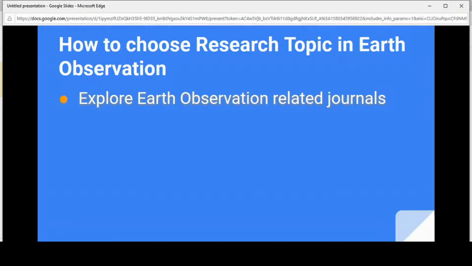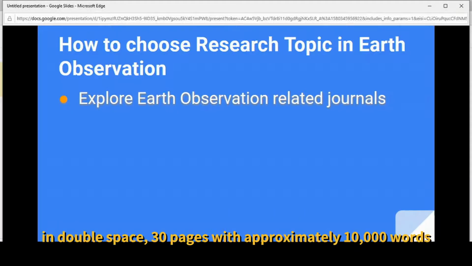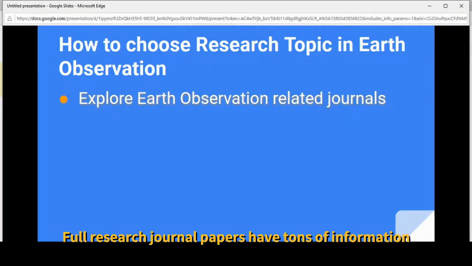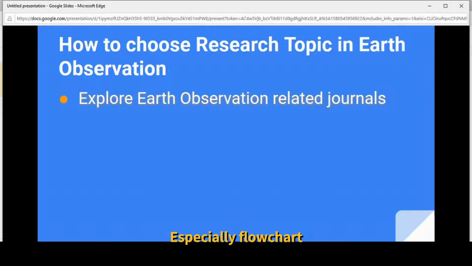So maybe at the beginning, I strongly suggest starting with the full paper, including everything from beginning to end, around 10 or 15 pages, or with double spacing around 30 pages total, so less than 10,000 words. They already include tons of information with nice results, figures and tables, especially flowcharts.